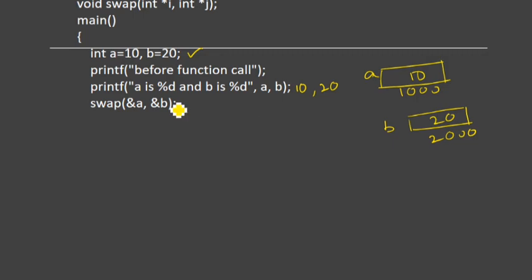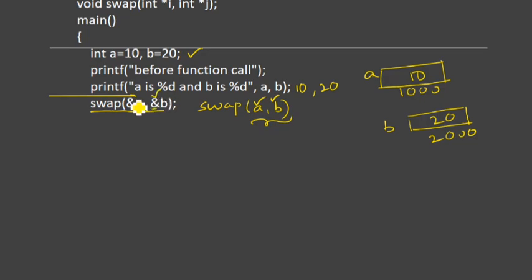Next, this is a function call. I'm calling the function. In the previous pass by value, I did it like this, a comma b only, passing the value of a and value of b. But this is pass by reference. Now I am passing the address of a and address of b.